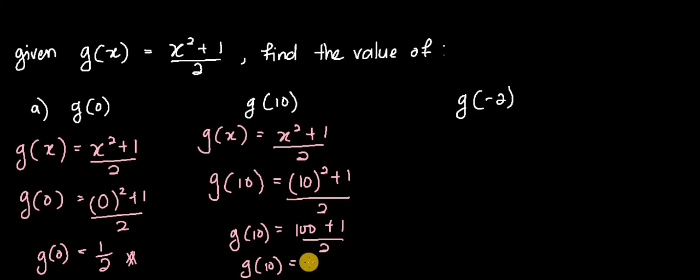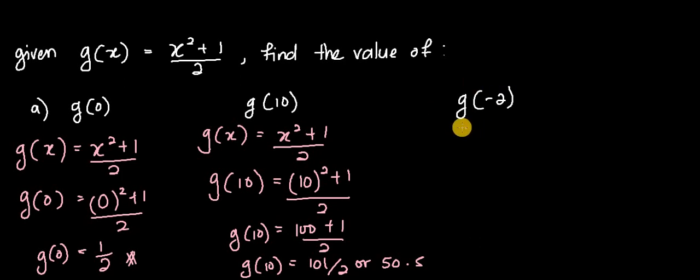You can write it as 100.5, or you can write it as a mixed number. It doesn't matter. Again, what I'm doing is wherever the 0 or the 10 is, I'm just substituting inside this equation.